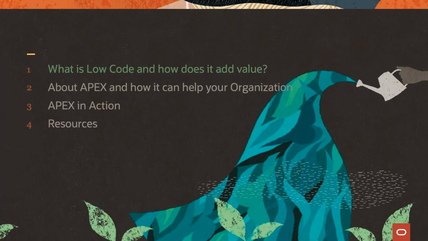Furthermore, I'm going to talk about our low-code development platform. And I'm also going to show you how it actually works and how you can start rapidly developing applications within our Application Express, also known as Apex.